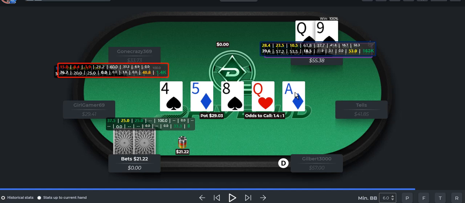But I have one data point that is strong, which is a 3x pot jam. But the texture, meaning the data points of the low board, the turn overcard, the river overcard, have priority over the sizing. So the texture breaks the tie, which means I should call river here, okay?